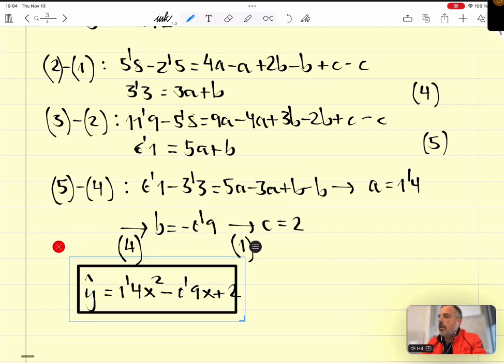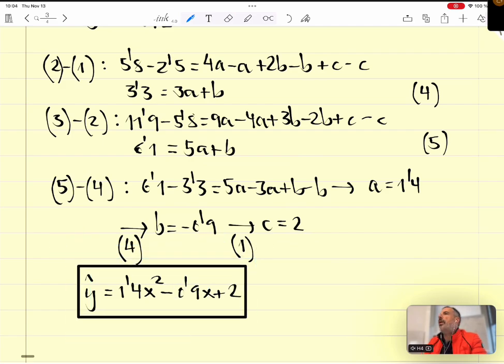Again, solving a linear equation, 3 linear equations with 3 parameters is like 7th degree or something in the school. Okay?